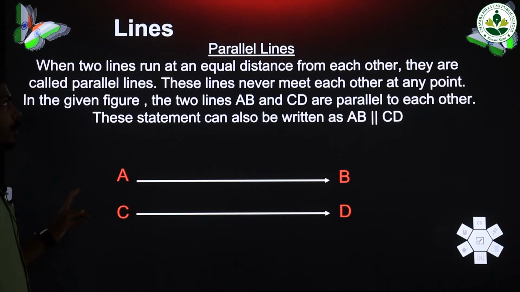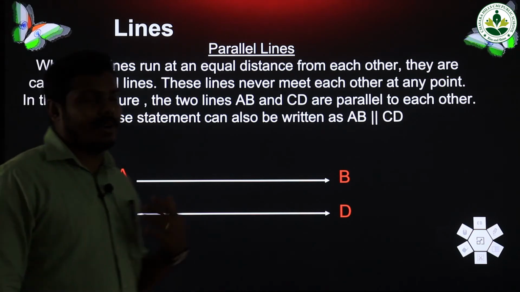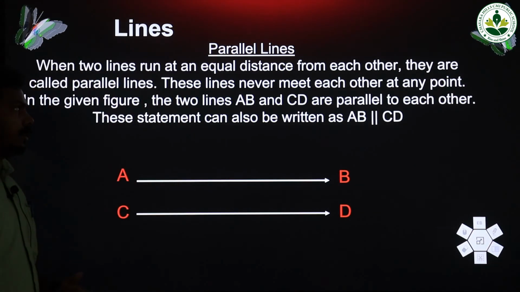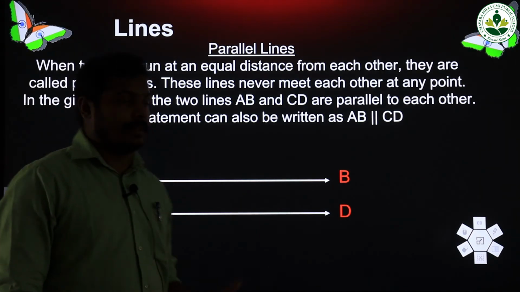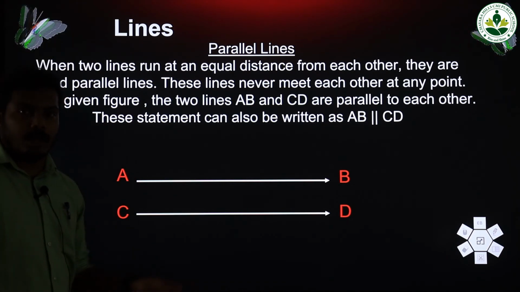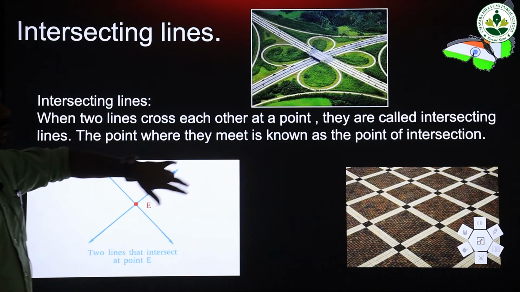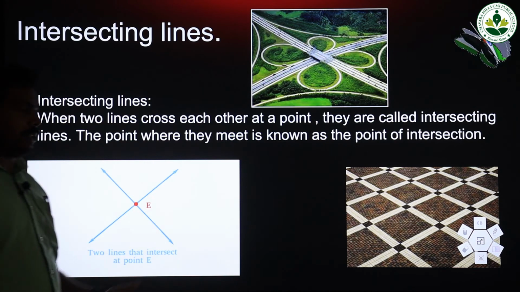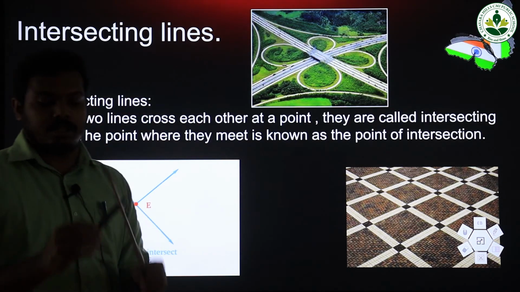So first we discussed parallel lines. Parallel lines means when two lines run at an equal distance from each other. These lines never meet each other at any point. When the lines meet each other, then it is called an intersecting line, when two lines cross each other at a point.